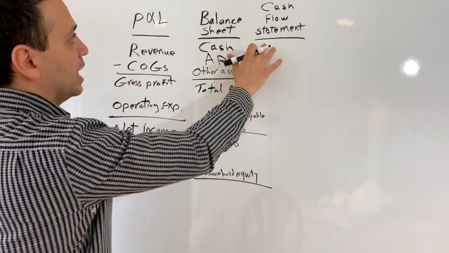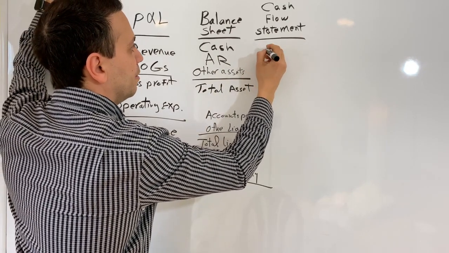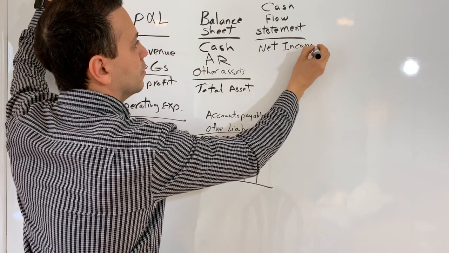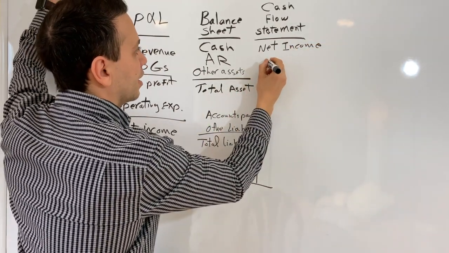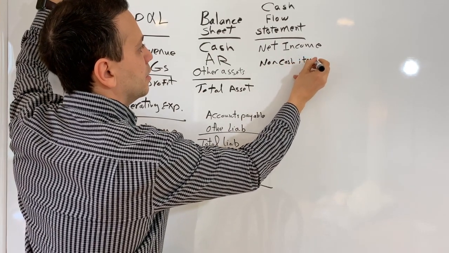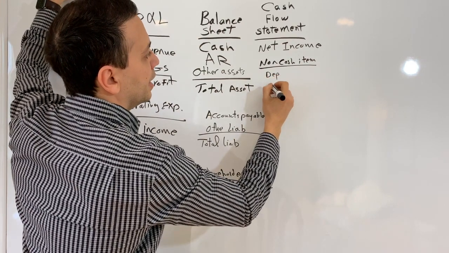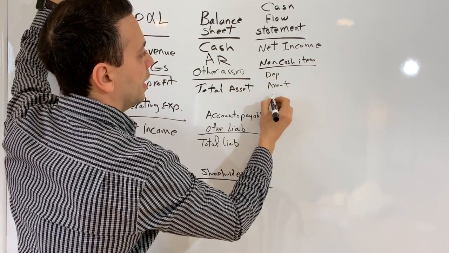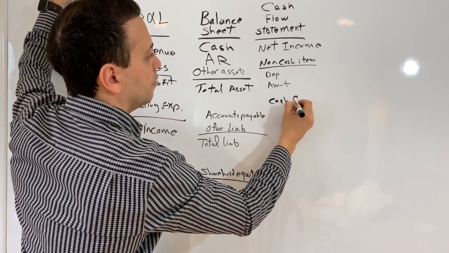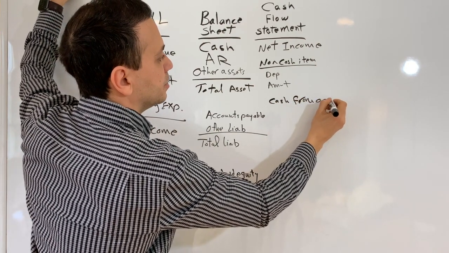And so on the cash flow statement, let's lay it out real quick. It will include net income, and then you'll have non-cash items such as depreciation and amortization. And then you'll have cash from operations.